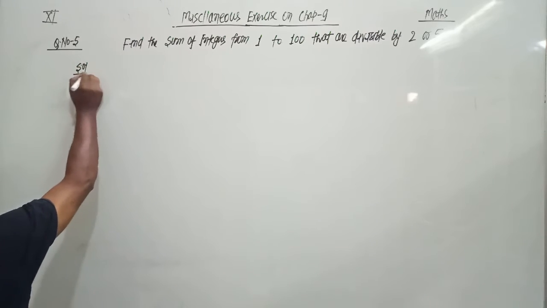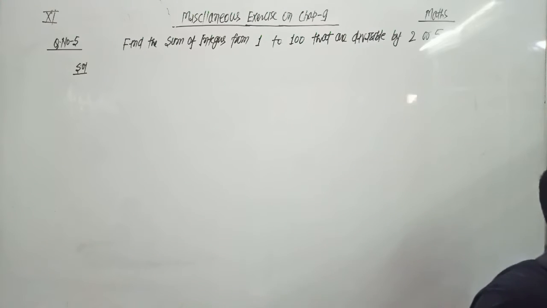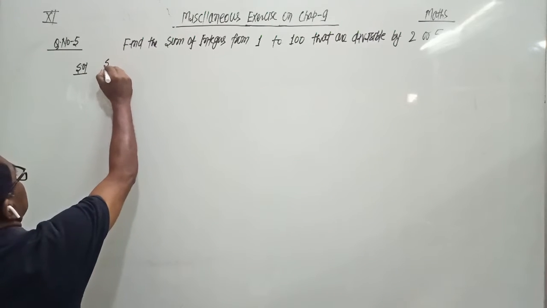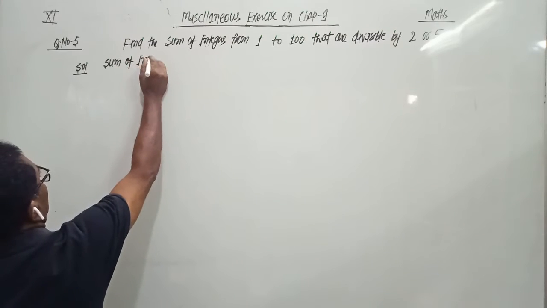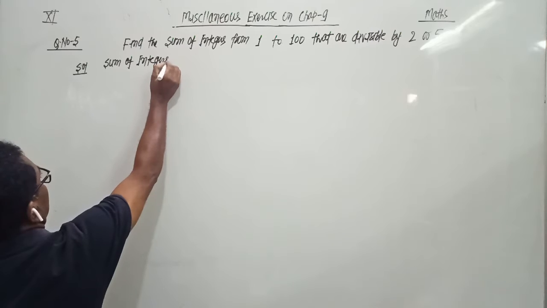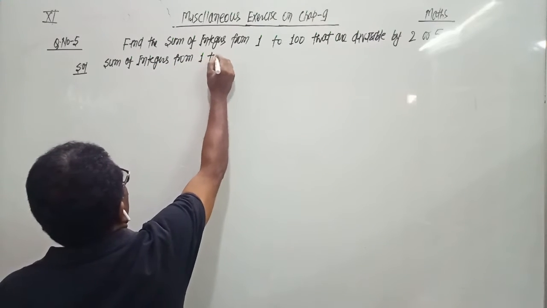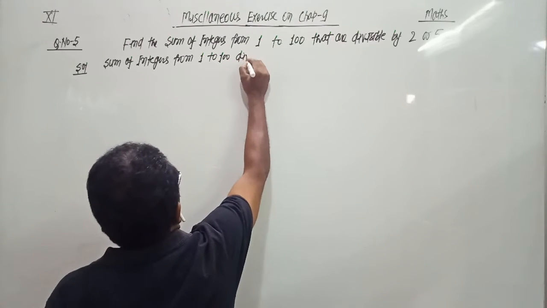So first we find the sum of integers from 1 to 100 that are divisible by 2.